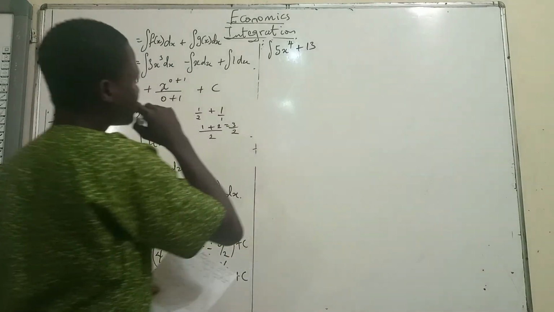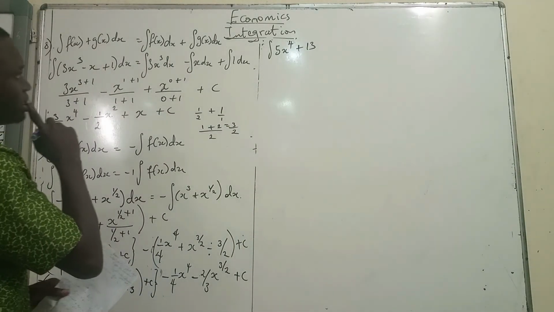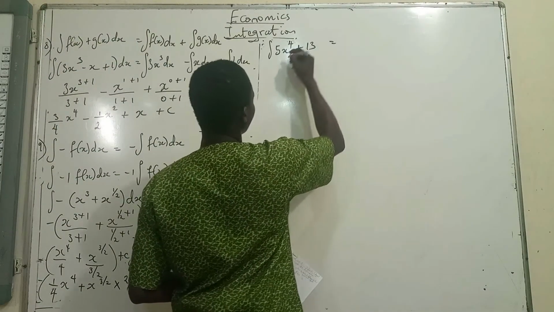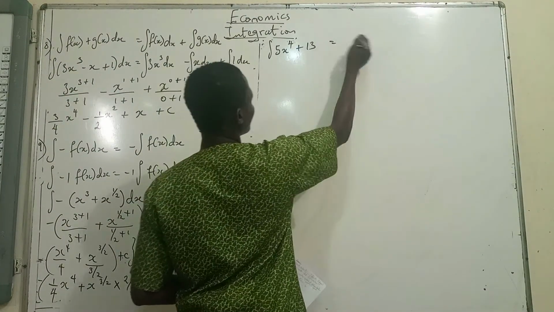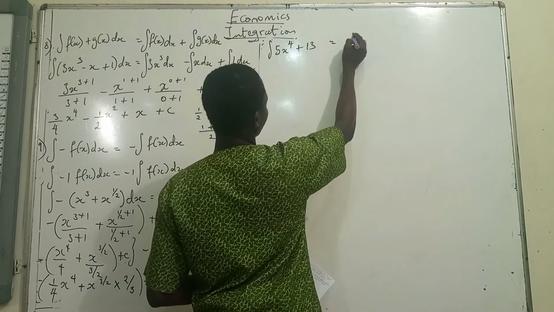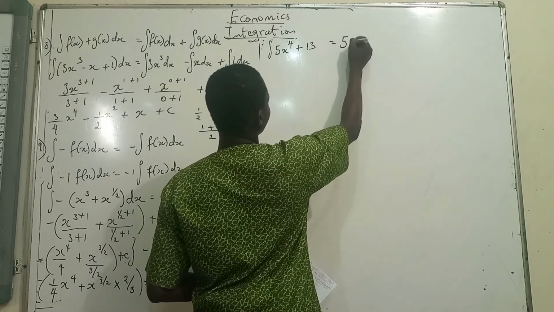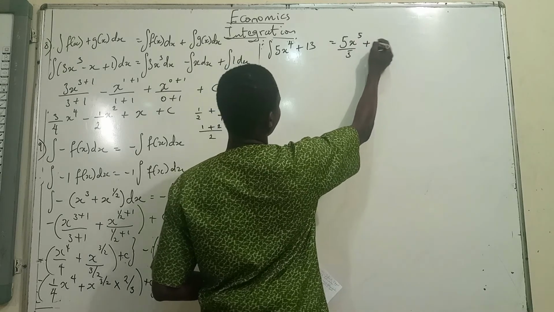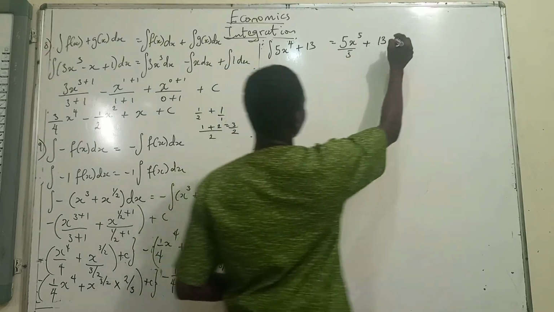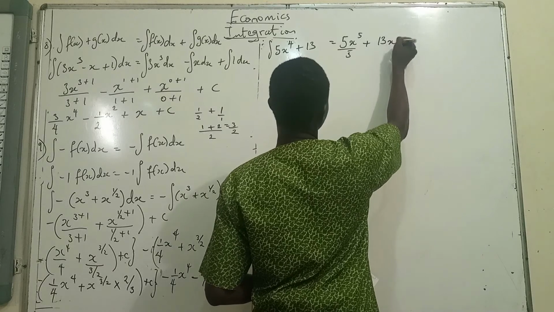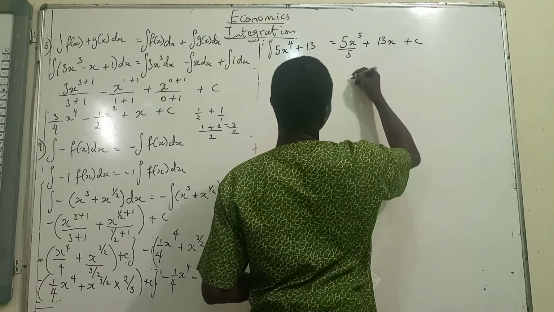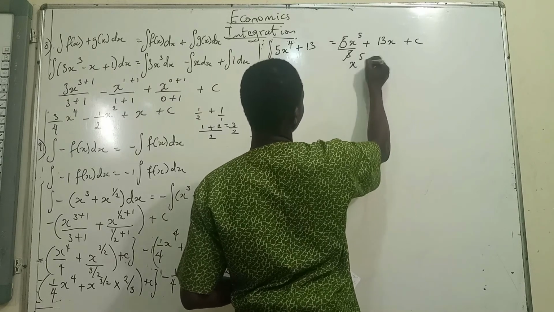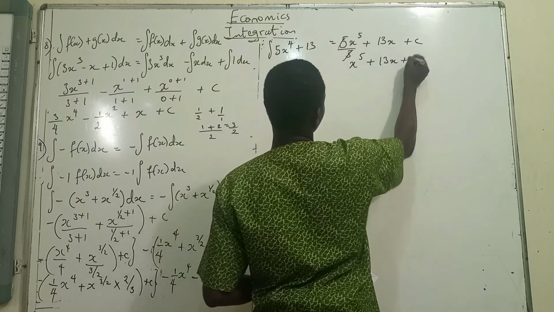By the time we integrate this, we have 5x raised to the power 5 divided by 5, plus 13x, then plus the constant term. Now this cancels this, so we have x raised to the power 5 plus 13x plus c.